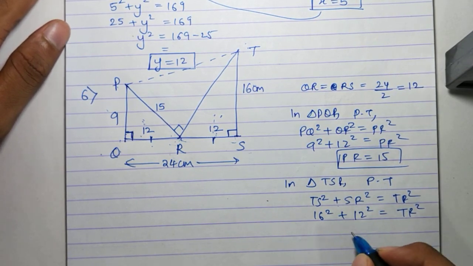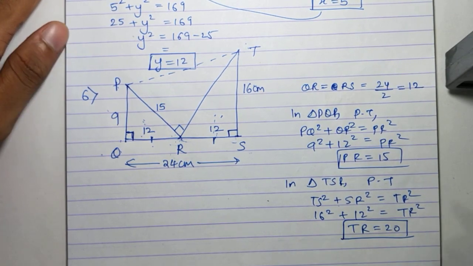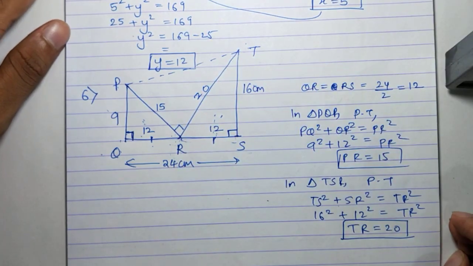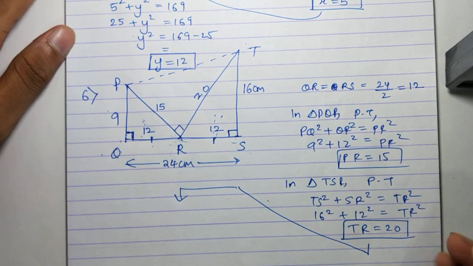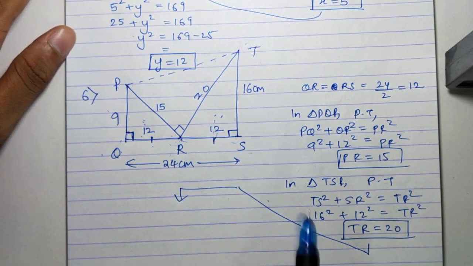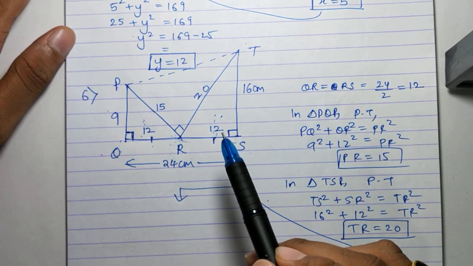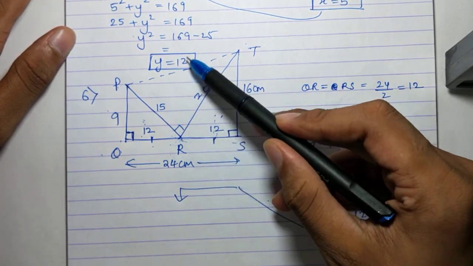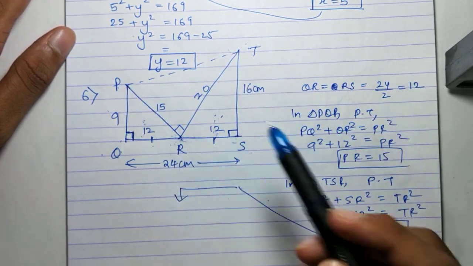When you solve this, you will get TR as 20. Now once this is done, observe this triangle. In this triangle, you have 90 degrees here, so the side opposite to 90, PT, is the hypotenuse, and these two are the sides.